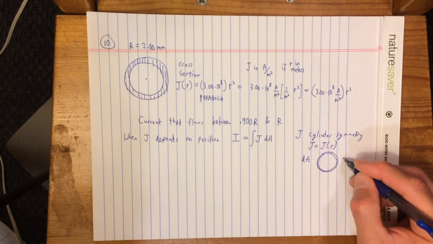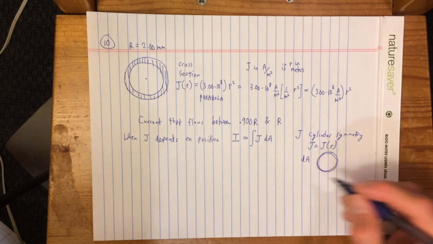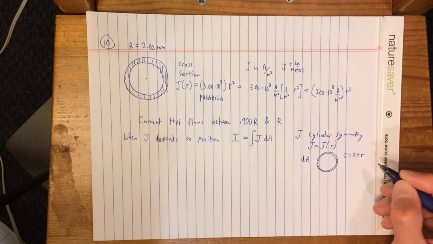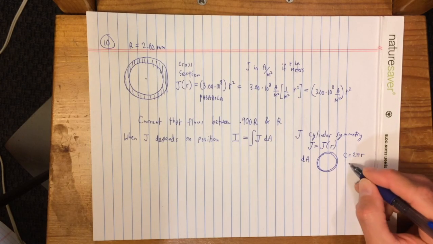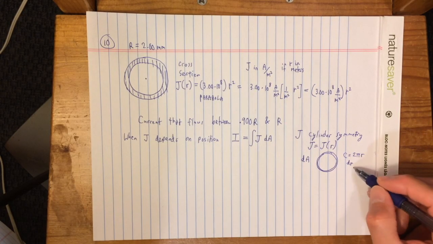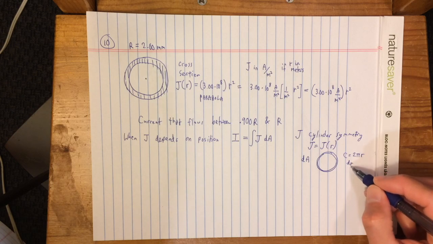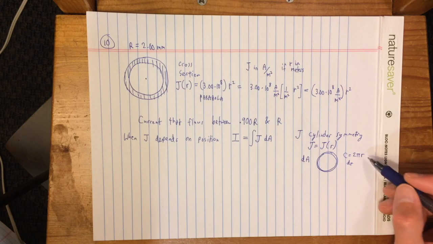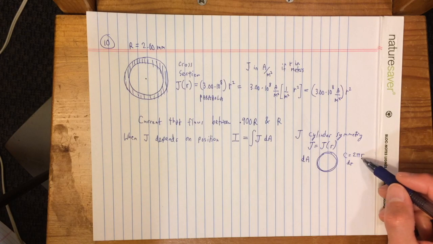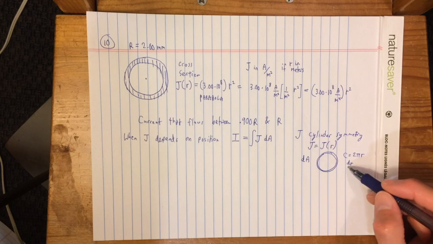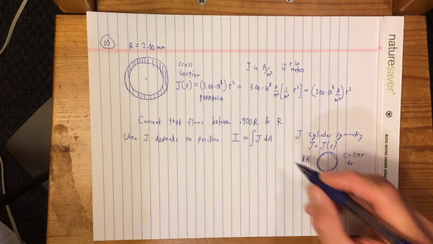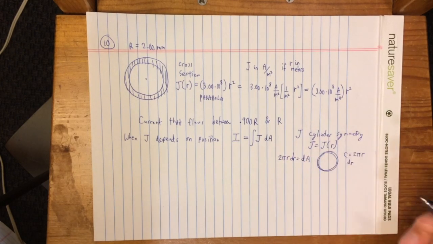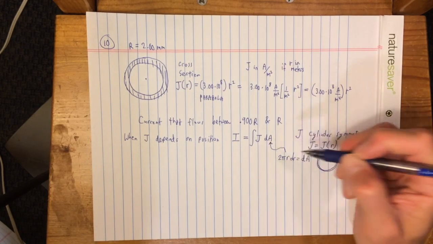The length of this thing is the circumference, 2 pi r, and the width is dr, a small radial distance. If I multiply this length by this width, I get the small area. So the small area is 2 pi r dr. And that's what I'm going to put right here.